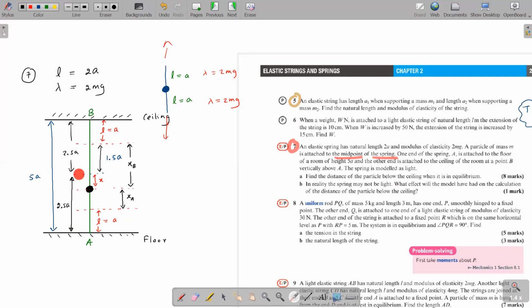From 2.5A, you have to subtract the x and the A. I'm trying to get this in terms of a single variable. So XA equals 2.5A, the whole distance, minus this x distance and minus this A distance. You can see I'm left with this small distance, the extension. Can you see that?